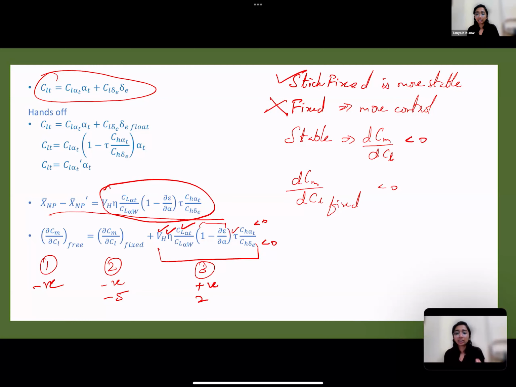Less negative, less stable, right? So your stick free DCM DCL is less negative than your stick fixed DCM upon DCL. Hence, stick fixed case is more stable. Is that clear?